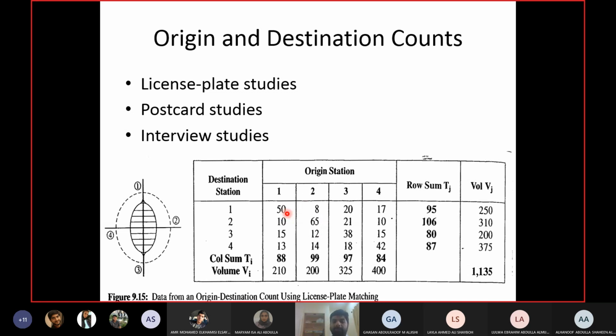So 50 should be multiplied with the average factor of the first row and first column. 10 should be multiplied with the average factor of the first column and the second row. 15 should be multiplied with the average factor of the first column and the third row, and so on. First of all, find out the factors, then multiply each value with the average of the factors.